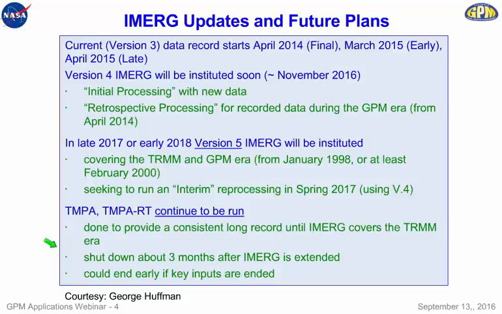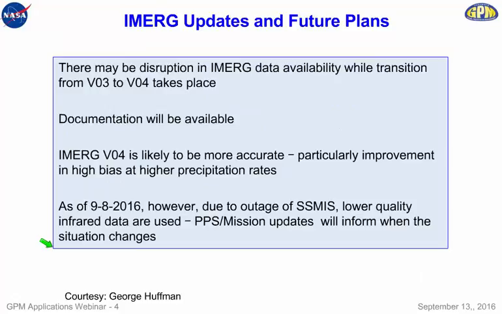Because there are multiple satellites used, sometimes if one of the constellation satellites does not report data or there are gaps, then IMERG has to adjust for that. So sometimes there are some disruptions, but usually it is recovered soon. One of the improvements that is likely to happen is that, as versions change, products become more accurate.